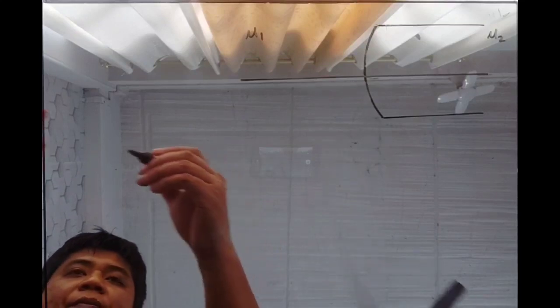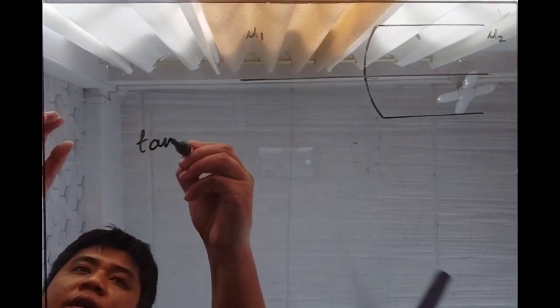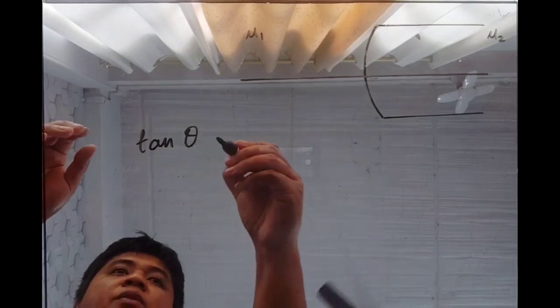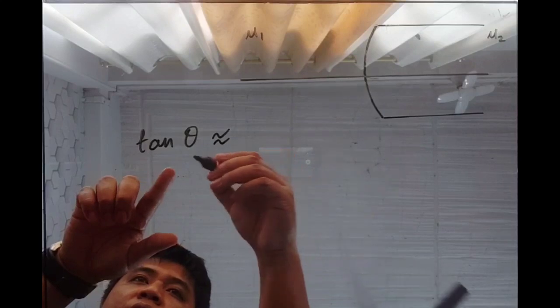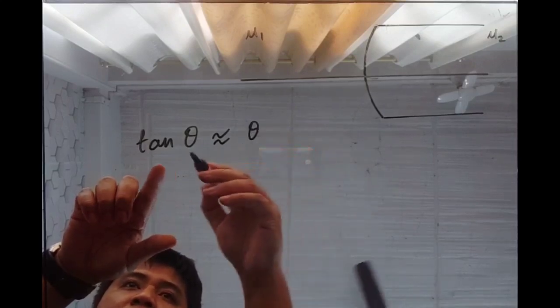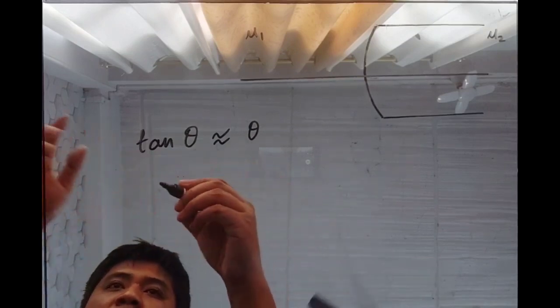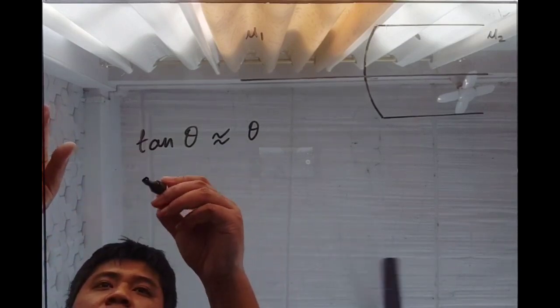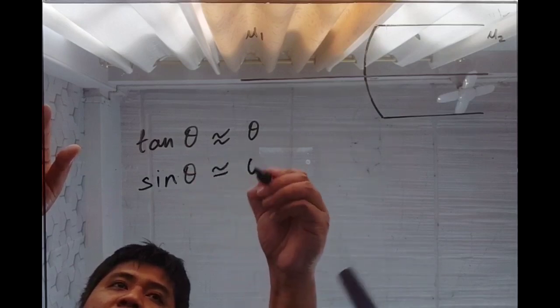You should also know that for small angles, if theta is very small, tan theta is almost equal to theta. We can replace tan theta with theta, or theta with tan theta. Also, sine theta equals theta.